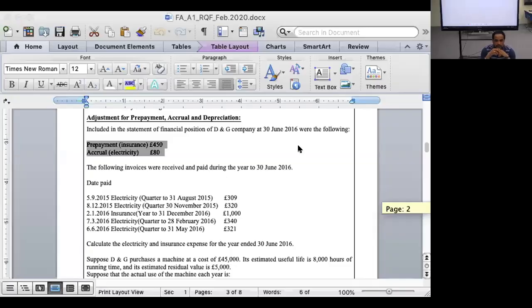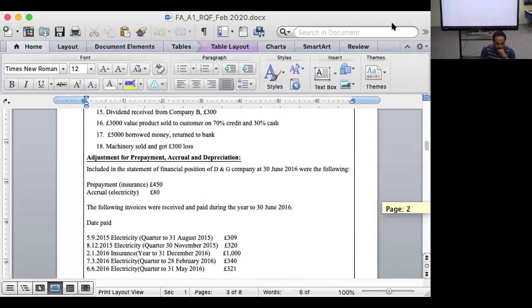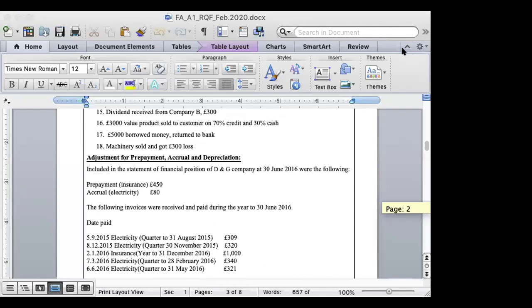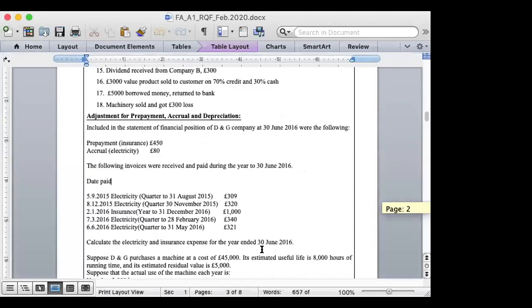Can you see your assignments? Okay. So your assignments have an adjustment part, and in these adjustment parts, you have two different pieces of information given.